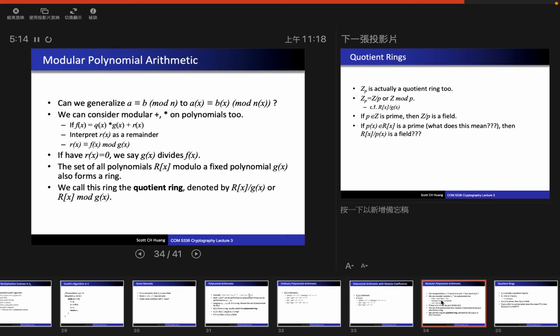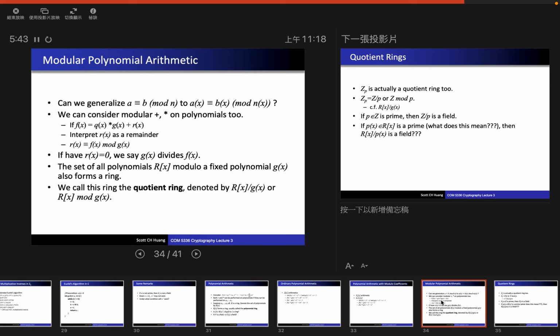We mimic the modular operation in integers. We can pretty much copy the same thing in the set of polynomials. We can do long division using polynomials, like what we learned in high school. These are similar. These concepts can be carried over from the set of integers to the set of polynomials.